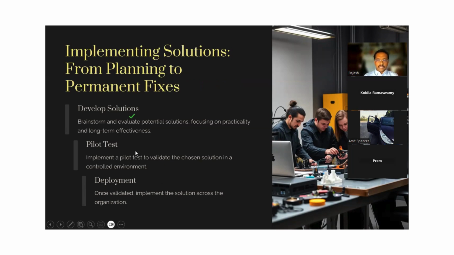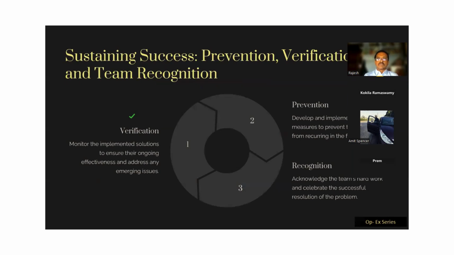We have a pilot test. See, for example, we take a small sample and then pilot it, and then we can expand it. Okay. And then the major course of 8D is prevention, verification, and then team recognition. So it's not a single man decision; it's team involvement, right? So this is the technique we are using in the 8D, right?